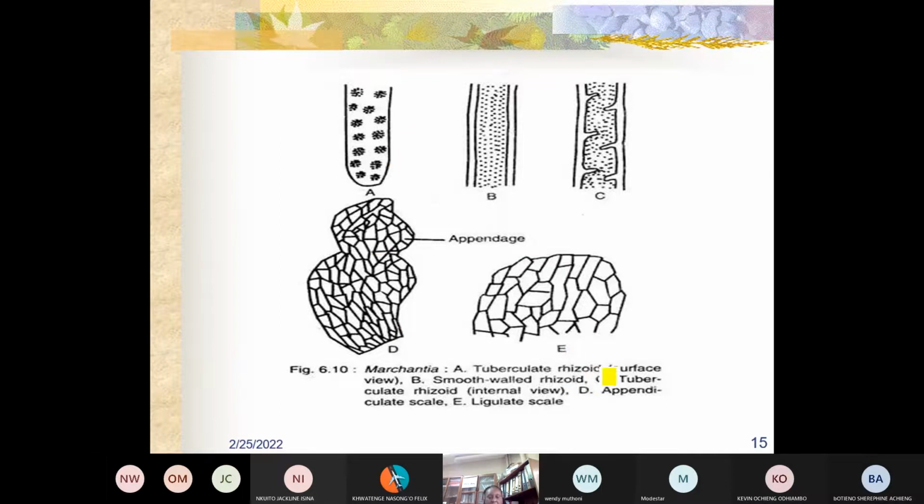The rhizoids, remember we said they are usually one cell, unicellular, and they can have various markings on them. So some of them have tuberculate, like little dots on them. Some are smooth.